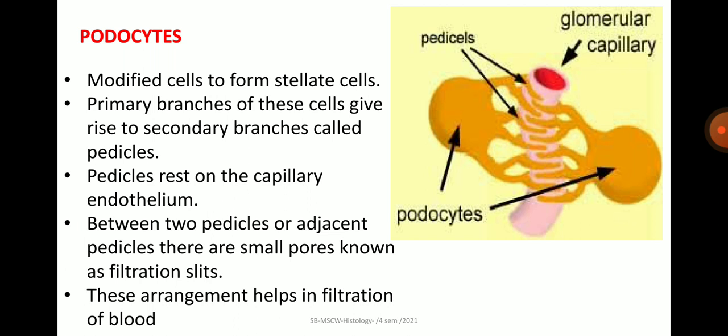Between two adjacent pedicels, there are small pores known as filtration slits, and this arrangement helps in filtration of blood. That is the first step in urine formation. And these podocytes are usually present in the visceral layer of Bowman's capsule.